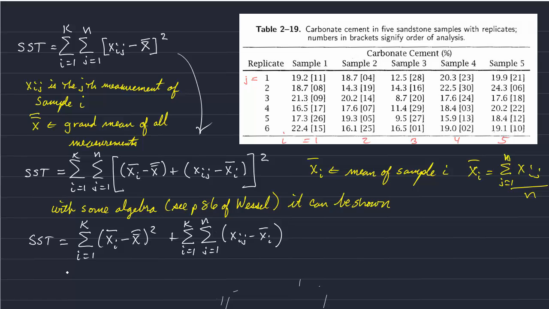And we can refer to these sums of squares as the sum of squares due to treatment plus the sum of square error.